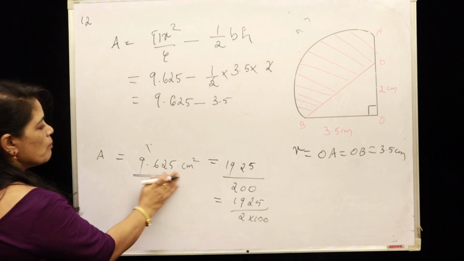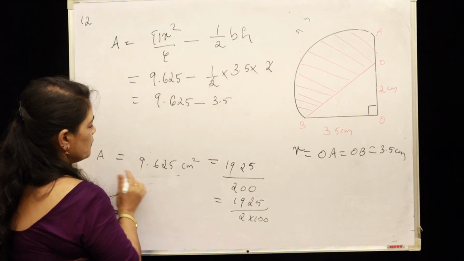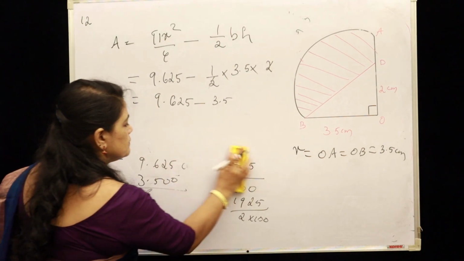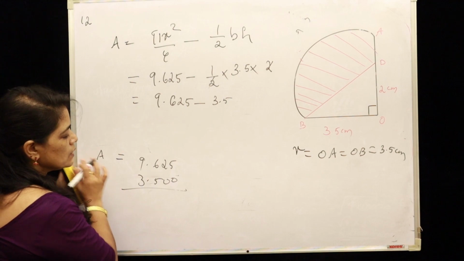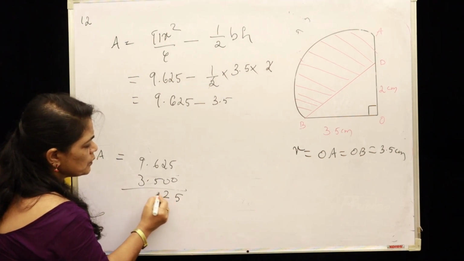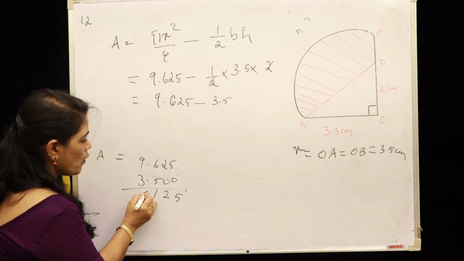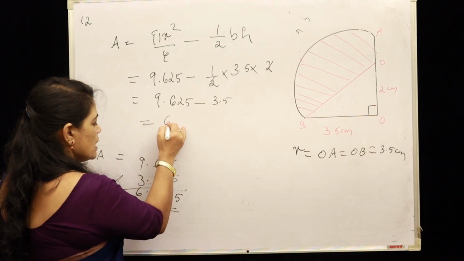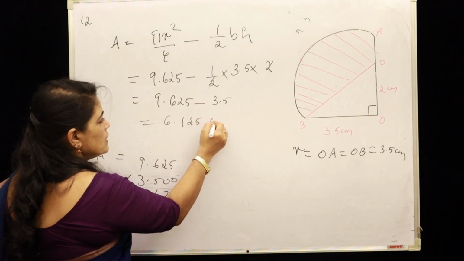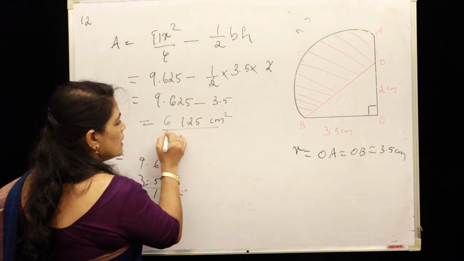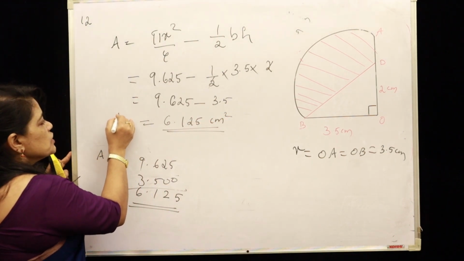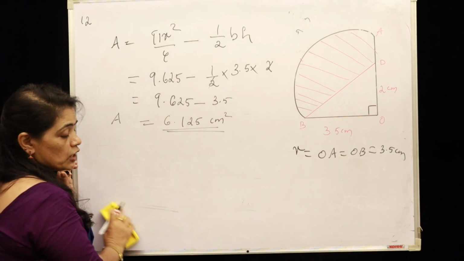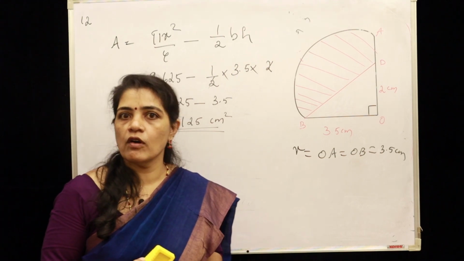So 6.125 centimeter square is the area of the shaded region, if you subtract the area of the right triangle from the area of the quadrant.